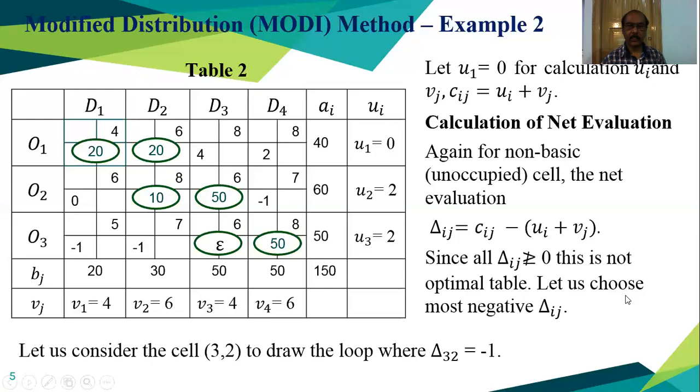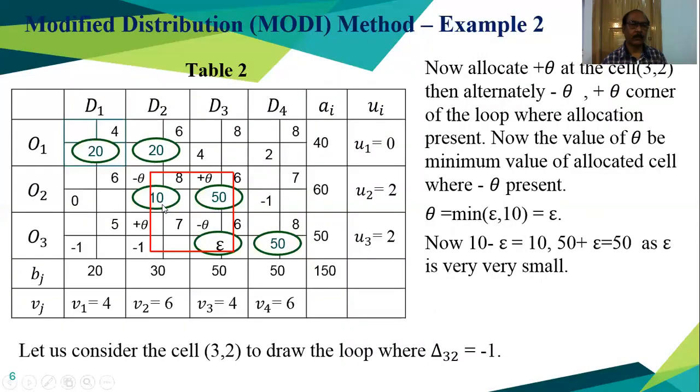So next, see. Now allocate the theta. Allocate the theta here. So this is our loop. Now we have to calculate the value of theta. For the calculation of the value of theta, we consider where the minus theta is present.